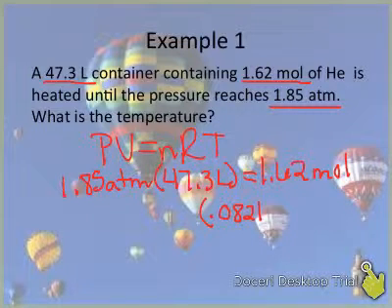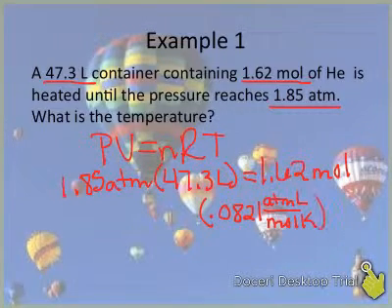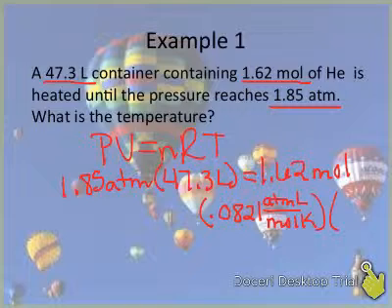Let's just use that. Does anyone remember what the units were? Atmospheres, liters over moles, kelvin. And then we multiply that by our temperature, which is what we're solving for.